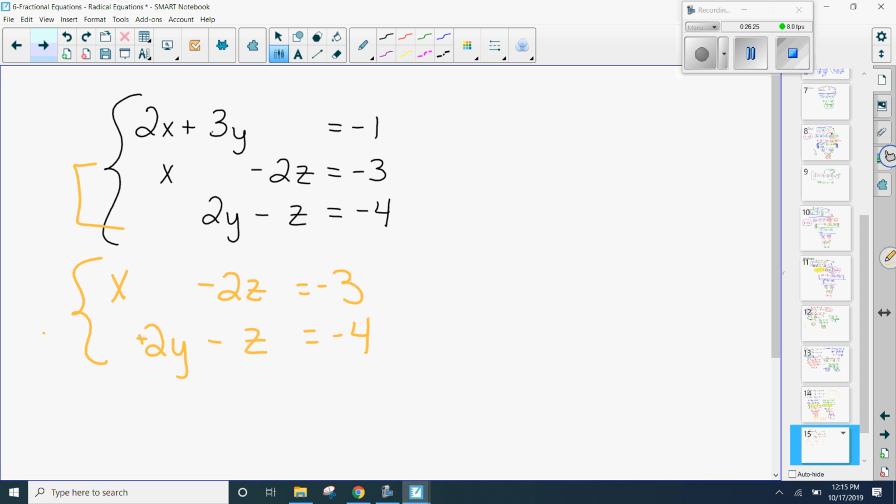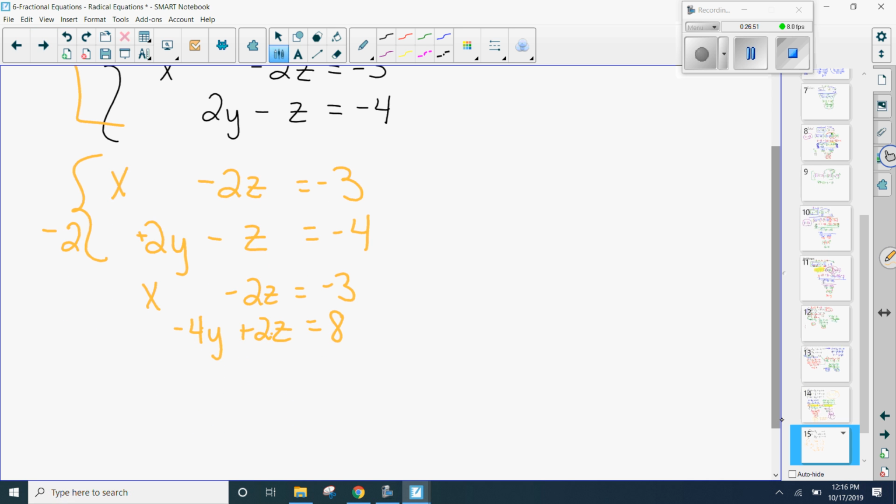Z. So I take the bottom one times negative 2, so that the top equation is X minus 2Z equals negative 3, and the bottom equation becomes negative 4Y plus 2Z equals 8. Are we okay up to that step?